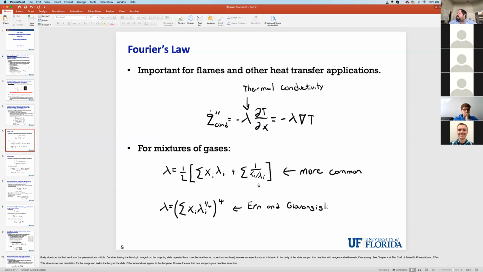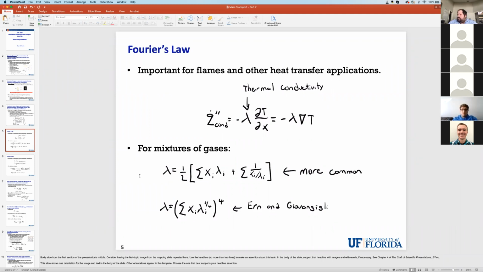There is a very rigorous way to get the mixture averaged properties, but it's extremely expensive and few people ever use it.